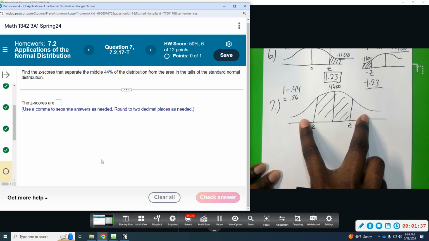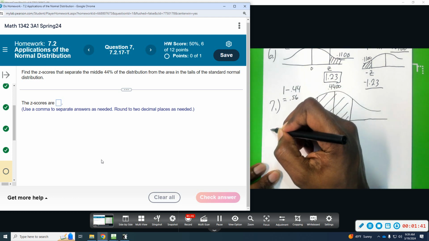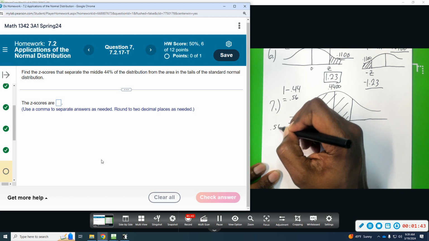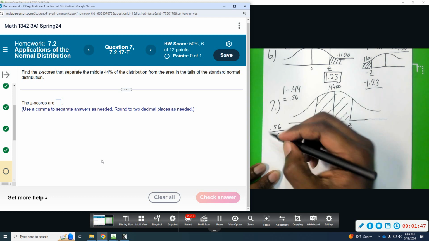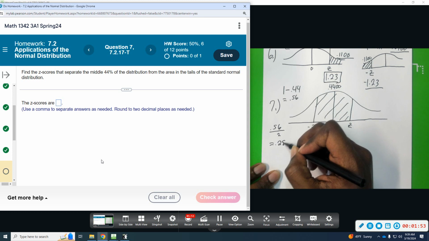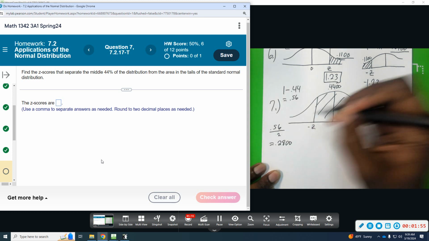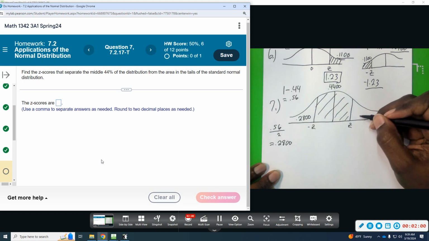They're both even. It's symmetric. So to find one of them, I'm going to take the 0.56 and divide it by 2 because it's split into 2 parts. So if I divide this by 2, that gives me 0.2800. So this tail is 0.2800 and this tail is 0.2800.